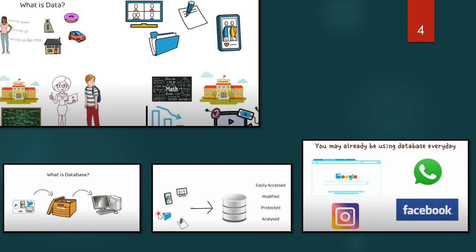Data, right? In the previous video, we learned about data, the difference between personal data versus business data. In here we're going to focus on business data. But what is business data? What kind of information can be business data? Let's say a person, her name is Emma.